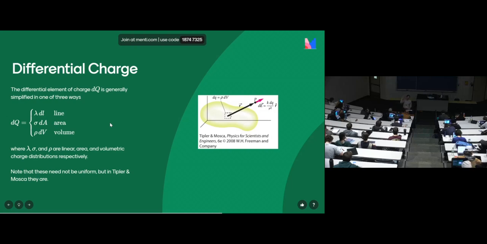You're like, okay, then why are you going to all the trouble to show us this? Well, if you have to take electricity and magnetism or electromagnetism for physicists, or you end up going into graduate school with all of this stuff, you don't get to assume that these are continuous, uniform, symmetric charge distributions. And then the integral becomes crazy difficult.